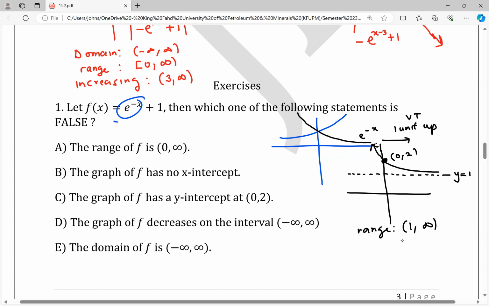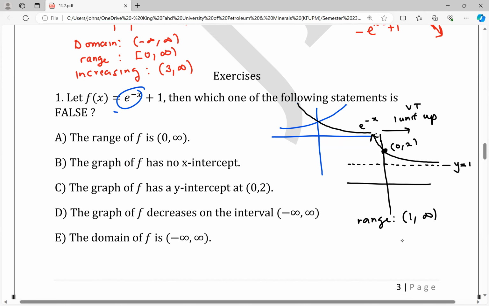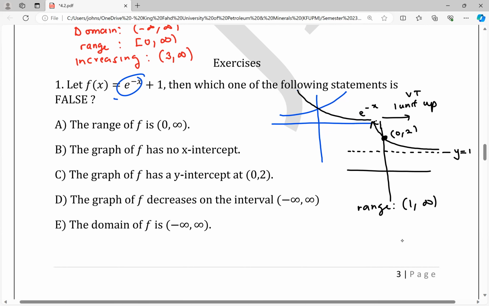Is there any x-intercept here? Now from the graph, we can see it has no x-intercept, because we are looking for the statement that is false, right? So you see, this is true. There's no x-intercept. The graph has a y-intercept at 0, 2. This is also true, right? Because we can see the y-intercept 0, 2.